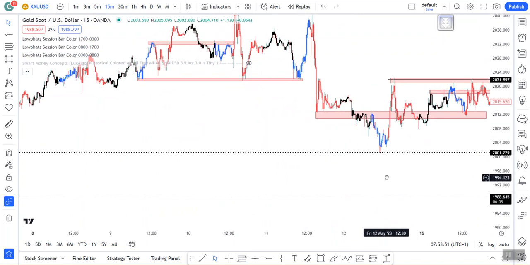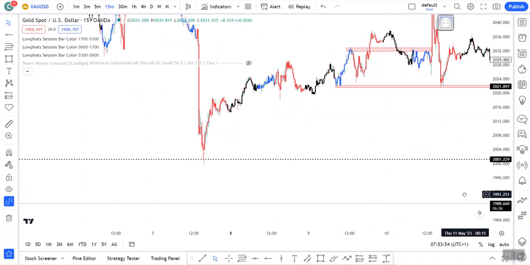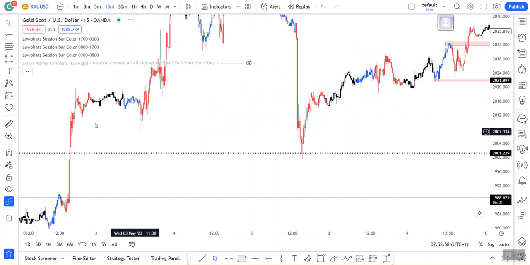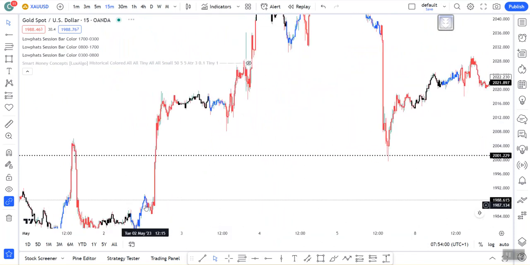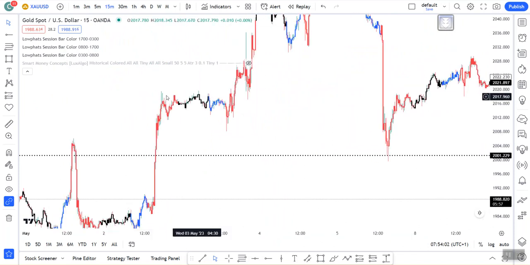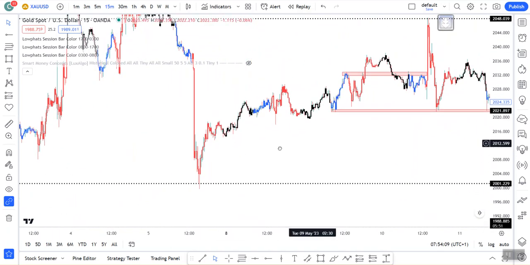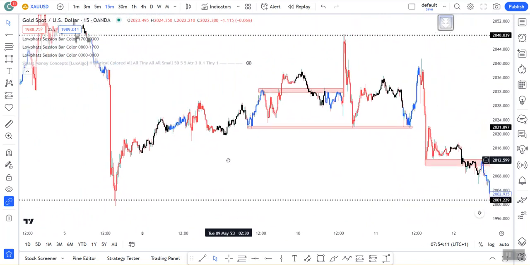In the US session, all those pushes to supply zone and demand zone always happen during the US session.